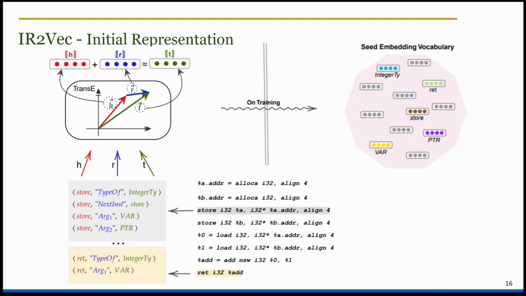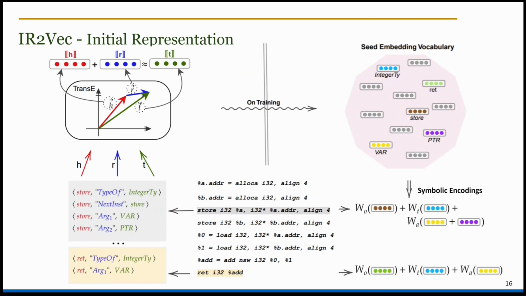Once this vocabulary is learned, we can use it to derive the representation for any unseen program. For instance, if you want to represent an instruction, we just fetch the representation of the opcode, type, and arguments, and do some sort of linear combination to arrive at a single n-dimensional vector.